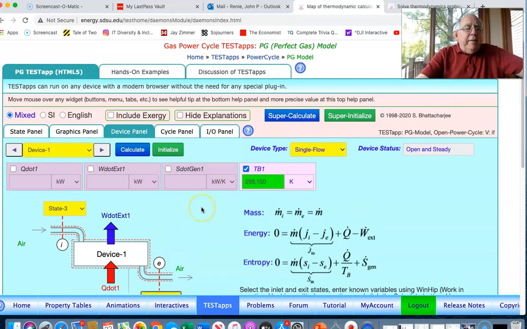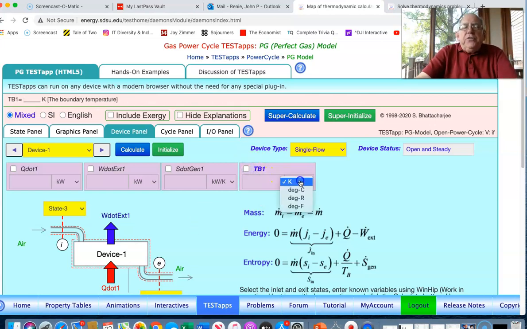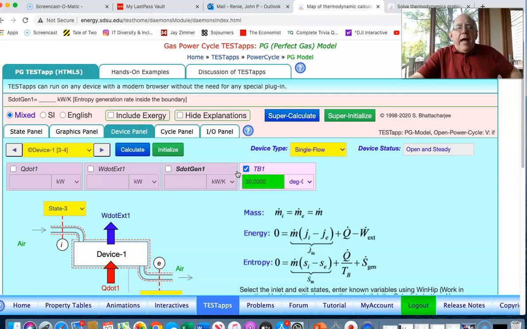And what we know about this device, this constant temperature compression, is that the heat transfer is coming from a temperature of 30 degrees. So that is our boundary temperature.